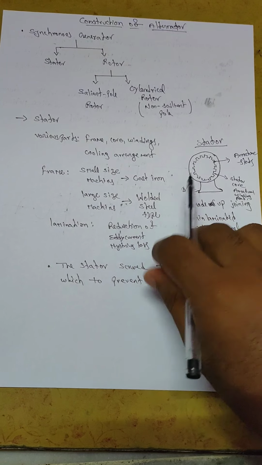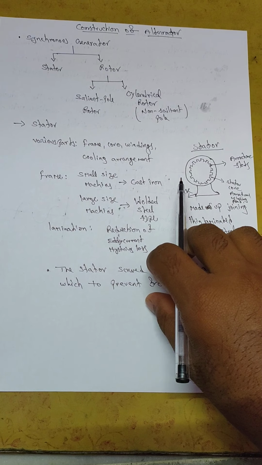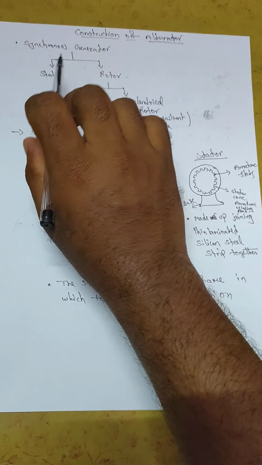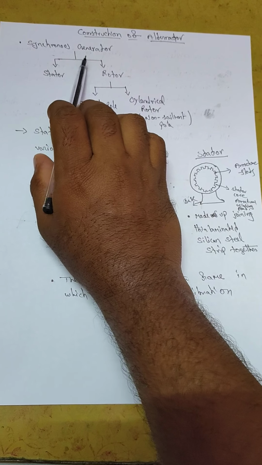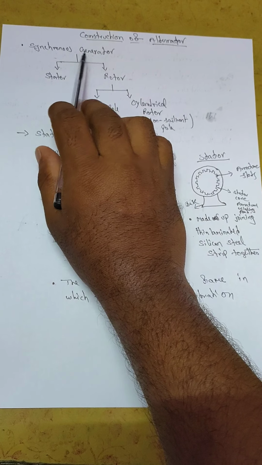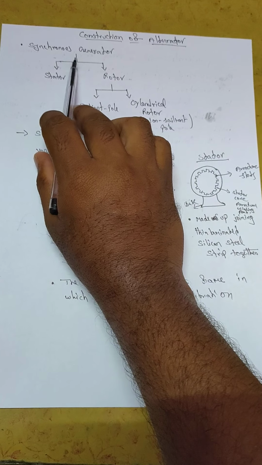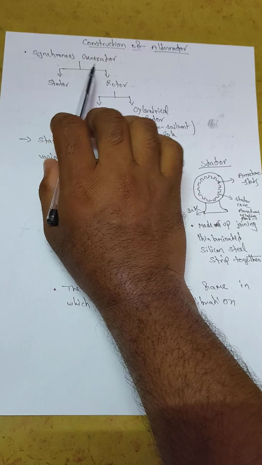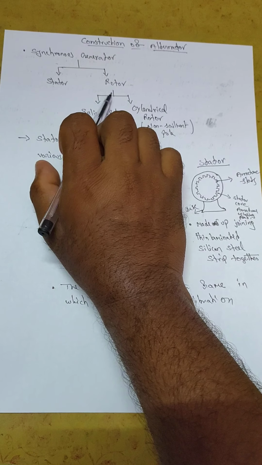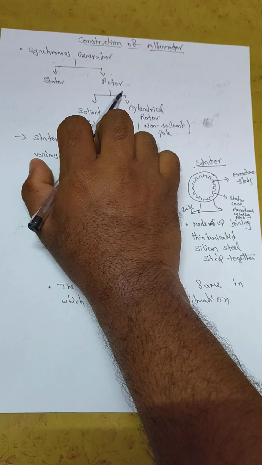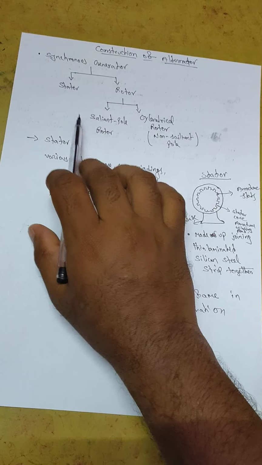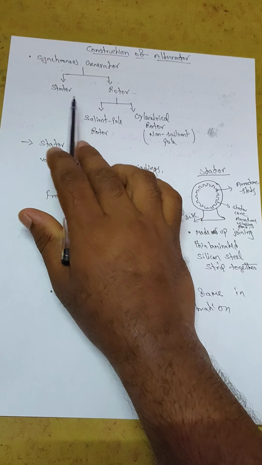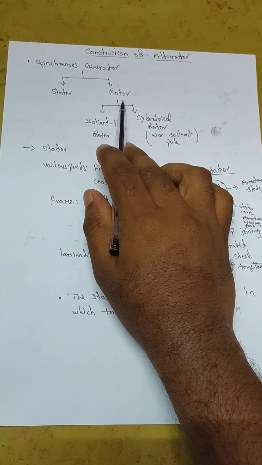Now, construction of the alternator. The alternator, synchronous generator and AC generator are all the same. In the construction of a synchronous generator we mainly have two parts: the stator and the rotor. The stator is the stationary part and the rotor is the rotating part.